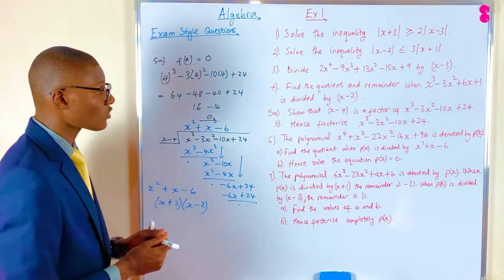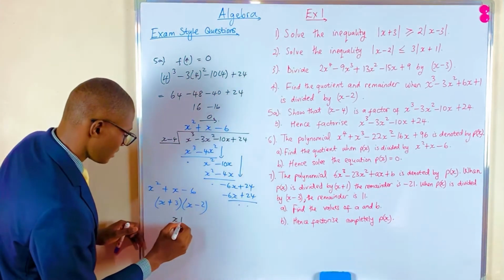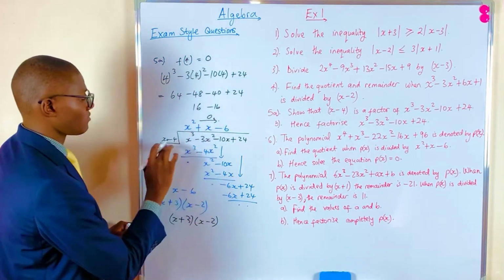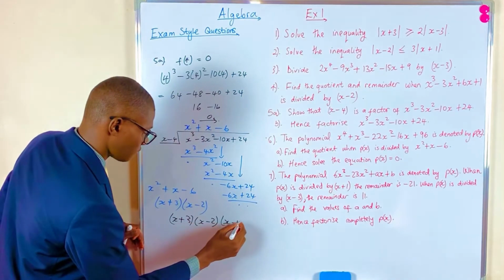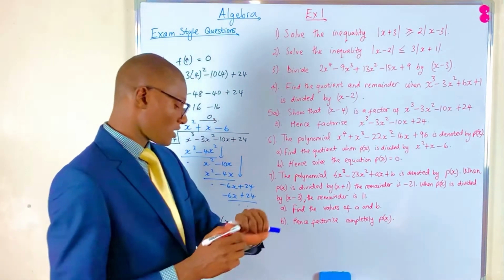So factorizing completely, the answer that we want will be x plus 3 times x minus 2 times x minus 4. Right, so this will be the completely factorized solution that we need.